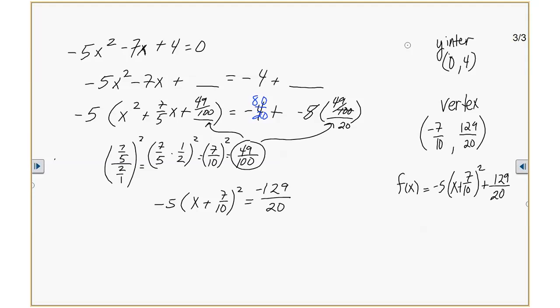Now solve for x. Where did I get the what? Well, it's 29 over 100. The 5 times that, 5 and 20 cancel out.